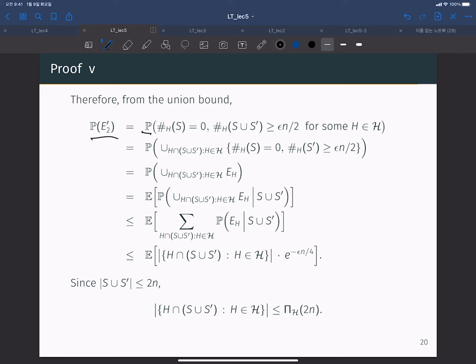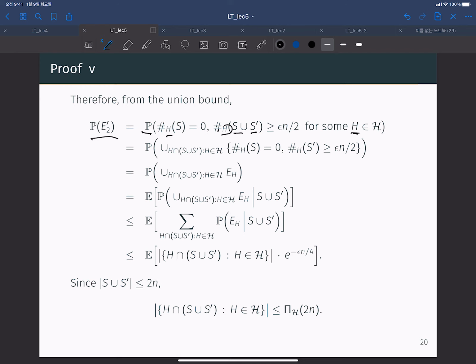The probability that there exists a hypothesis H such that all samples in S do not belong to hypothesis H, but the data points in S prime belong to hypothesis H as many as epsilon n over 2.